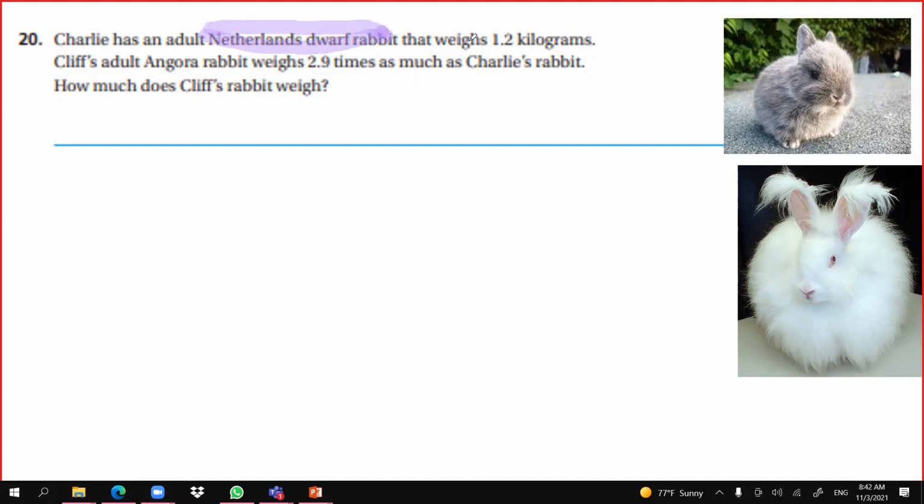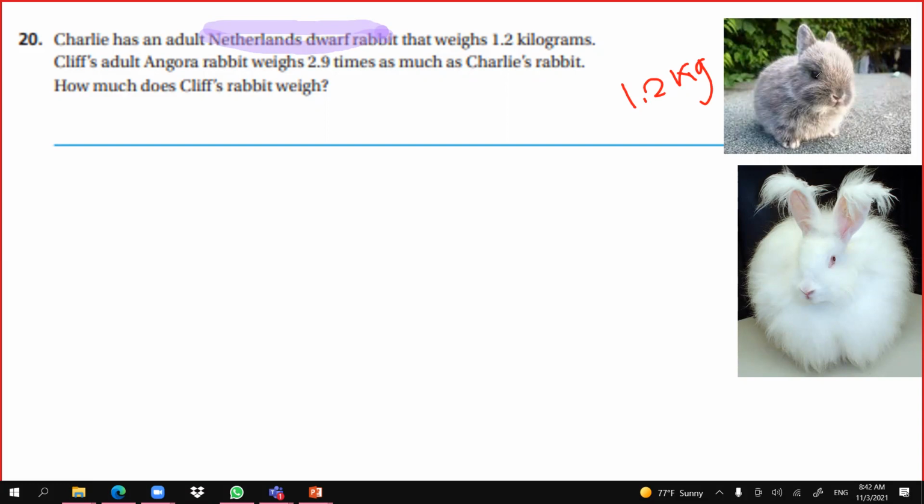It weighs 1.2 kilograms. Cliff, his friend, has an adult Angora rabbit, which is the white one. And as you see, it's very fat. It weighs 2.9 times Charlie's rabbit.